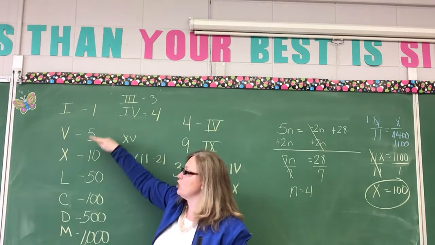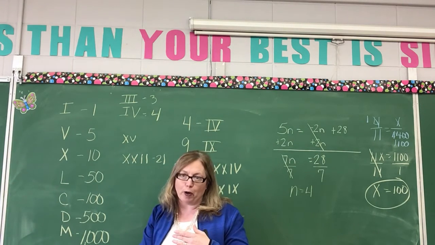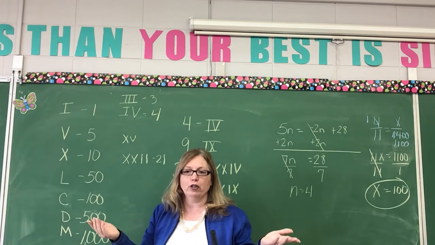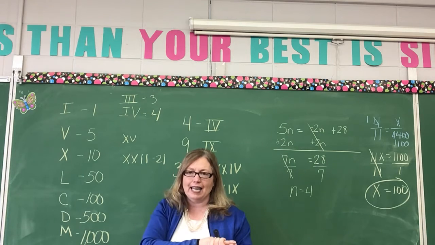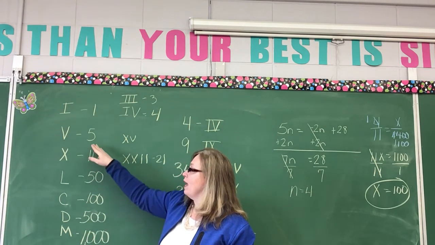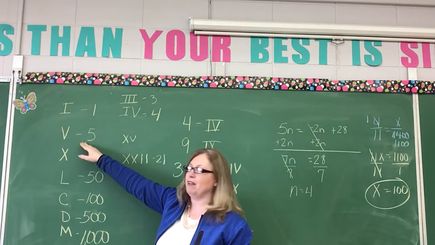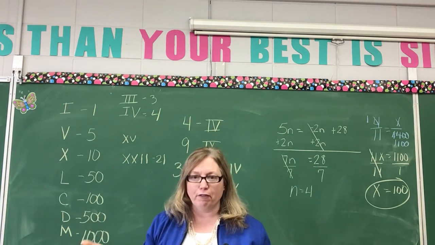When you put a small Roman numeral in front of a larger Roman numeral, such as 1 in front of a 10, what do you do? You subtract. You say 1 less than 10 is 9. If you have a number like 5 and it comes after a larger number, so you have XV, you add the smaller, so XV would equal 15.